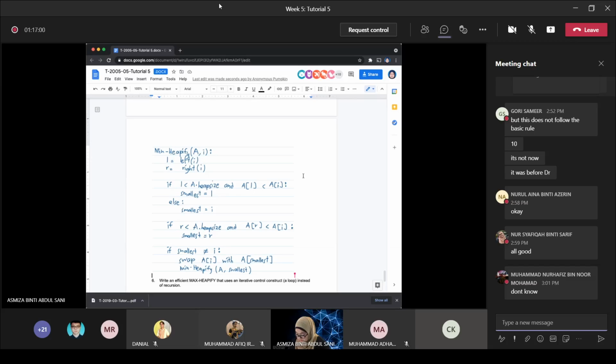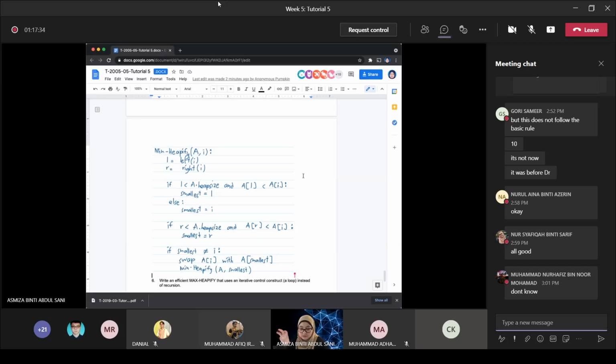If L is within heap size and A[L] is bigger than A[i], largest is L, else largest is i. If the largest is not i, exchange A[i] with A[largest], then max heapify. Yeah, so you're actually going down.